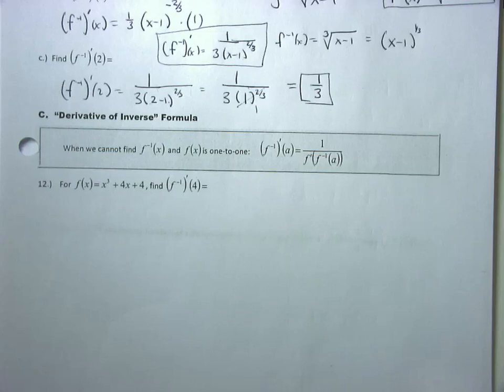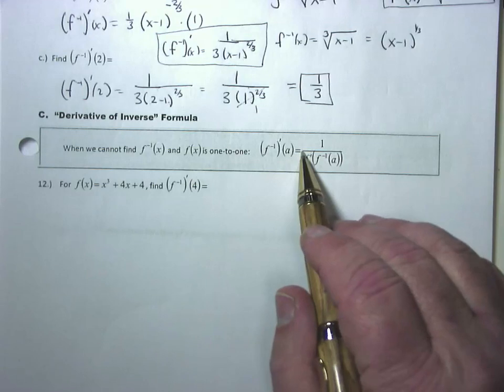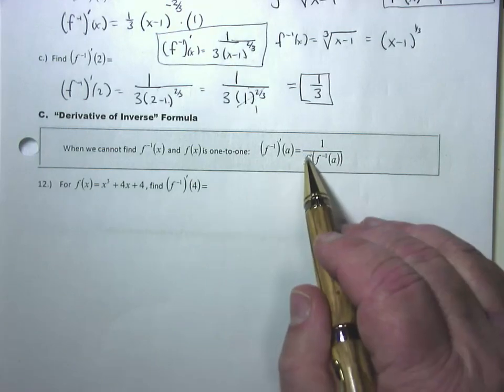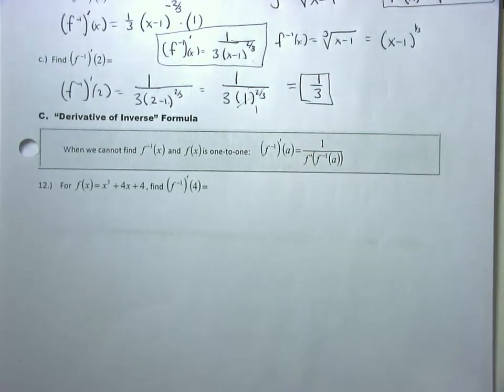When we cannot find f inverse of x, and f of x is 1-to-1, then you could use the formula. F inverse prime evaluated at a is the same thing as 1 over f prime evaluated at f inverse of a. So let me show you.